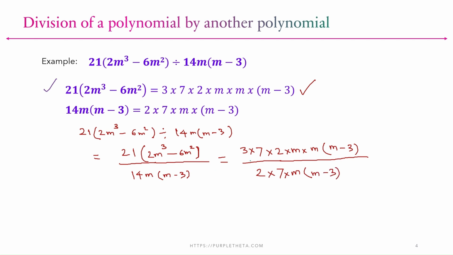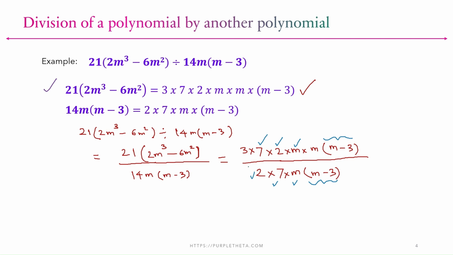Here I will compare numerator and denominator and I will try to find out which are the common things, right? So at the numerator we have 2, in the denominator as well we have 2, then we have 7, 7 here, then m and m here, then m minus 3. In the denominator also we have m minus 3, right?